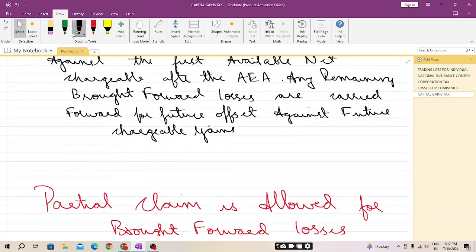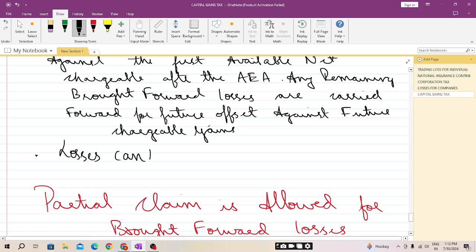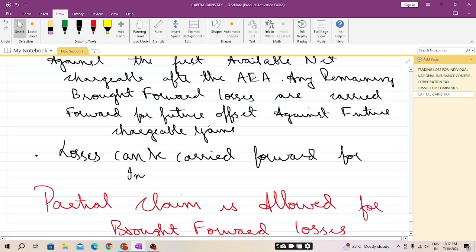And students, the important point is that brought forward losses can be carried forward for an indefinite period.